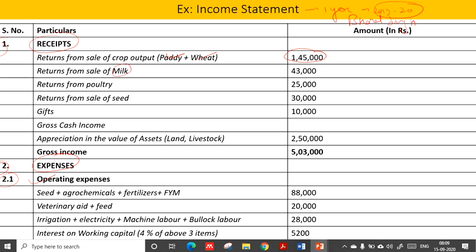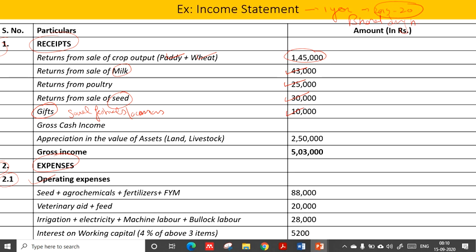He has also been selling milk. He has sold milk worth 43,000 rupees in the last one year. From poultry he has earned 25,000 rupees. From sale of seed he has earned 30,000 rupees. He has got some gifts on different social festivals, or occasions, worth 10,000 rupees.